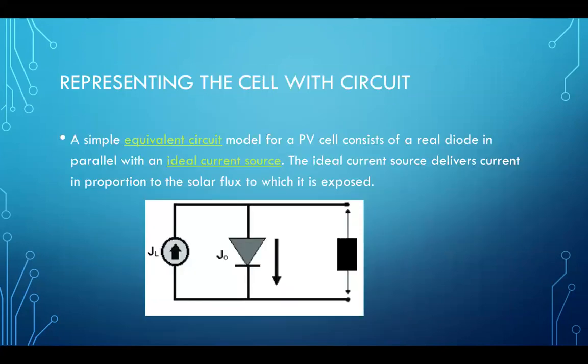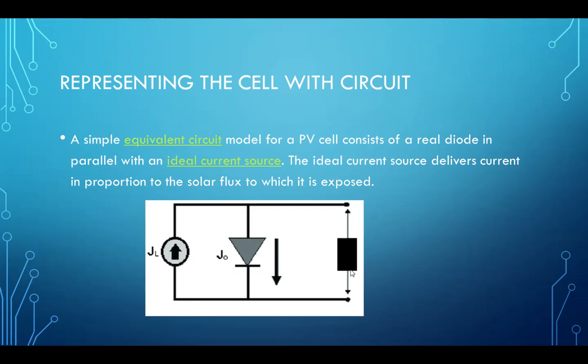We will move now step by step, so you will understand the open circuit and the short circuit. Now, how can I represent my solar cell? We can represent it by a real diode here, which represents this barrier that is built in inside my cell, and an ideal current source which represents the current caused by the solar absorption.